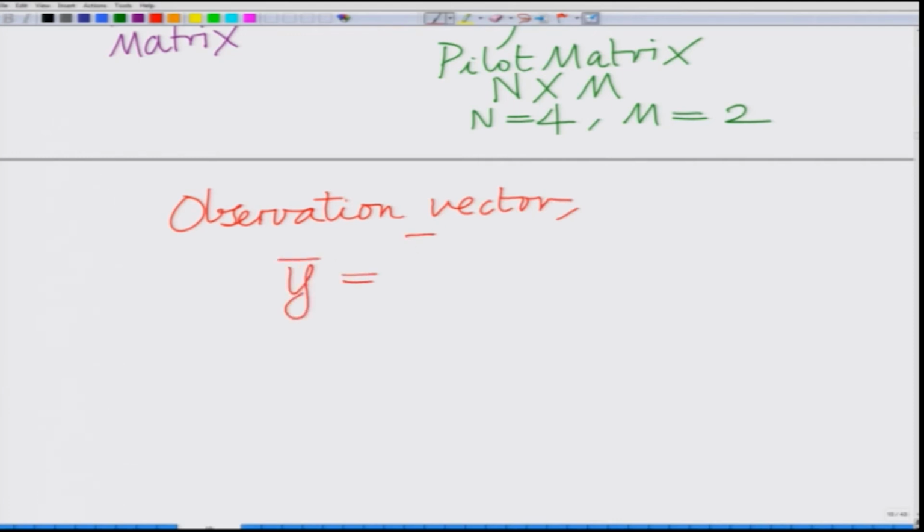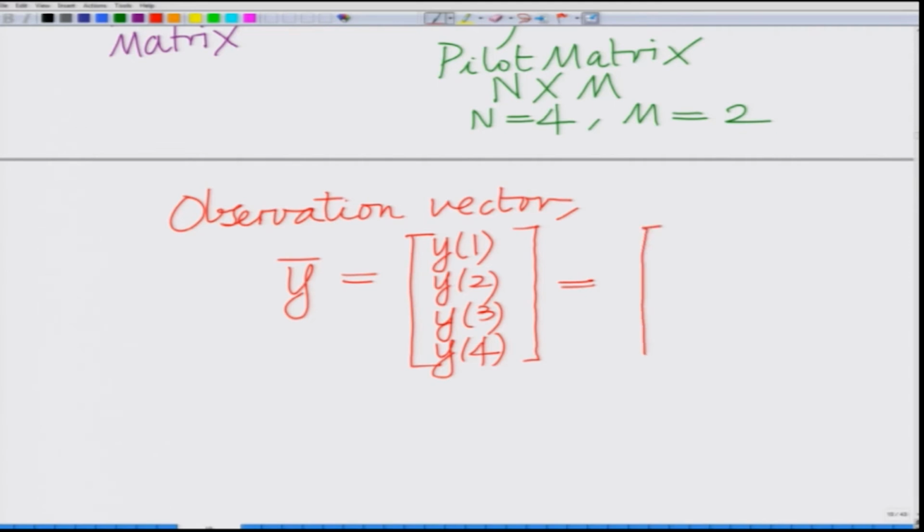Okay. Next, we form the observation vector y bar equals y1, y2, y3, y4, which is basically your 2 1 1 2.